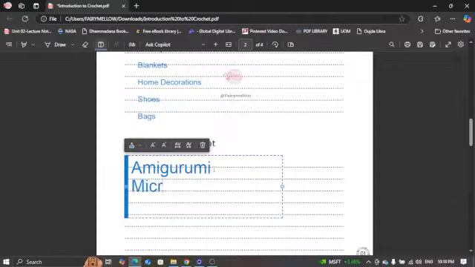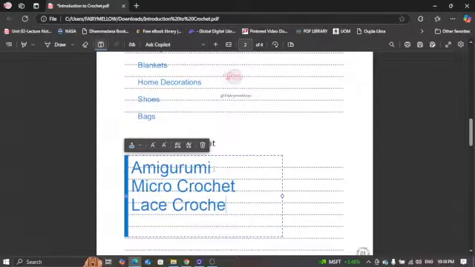micro crochet, lace crochet. Please write down the types of crochet. These are not all types, but there are a few types.